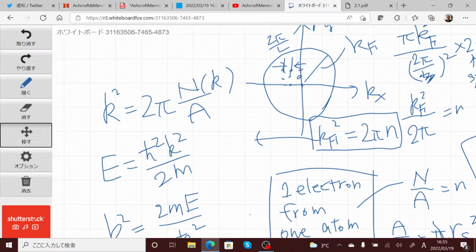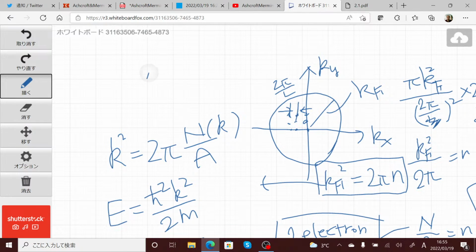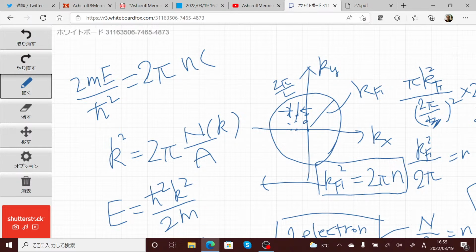So this is like this: 2mE over h bar squared equals 2 pi n, let's use this n of E. So you can cancel 2. Then how do we? Pi.